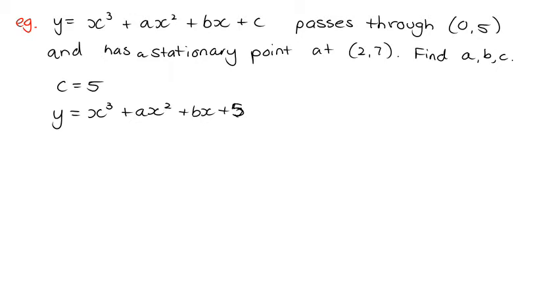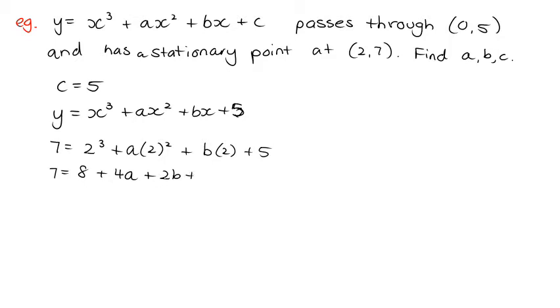Stationary. 2 and 7, yeah. So 7 equals 2 cubed, plus a times 2 squared, plus b times 2, plus 5. Simplifying that, we've got 8 and 4a and 2b and 5.